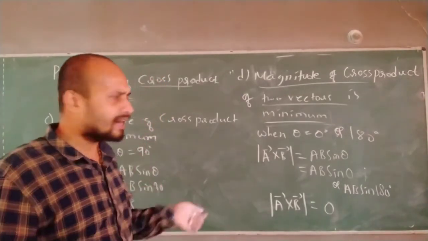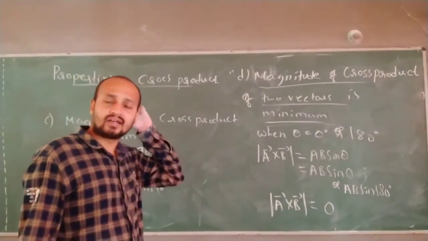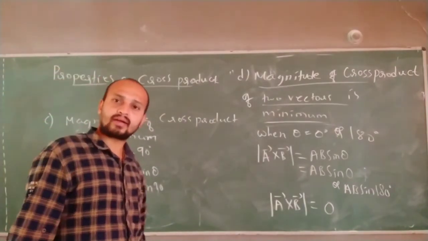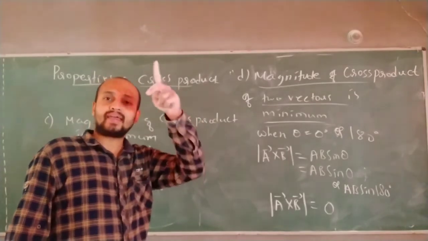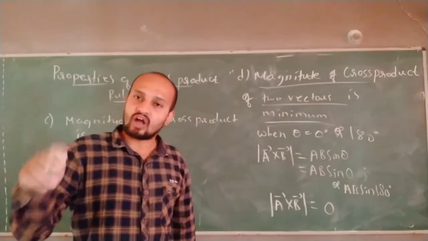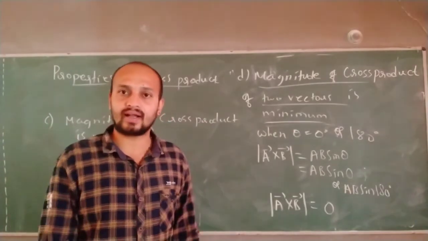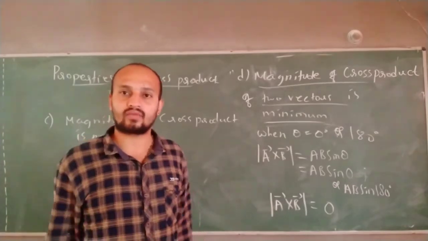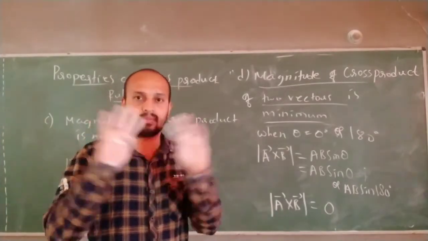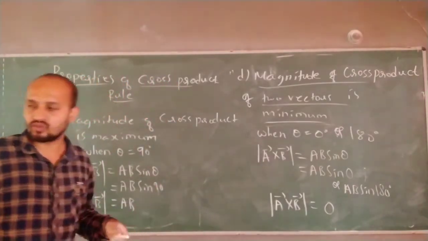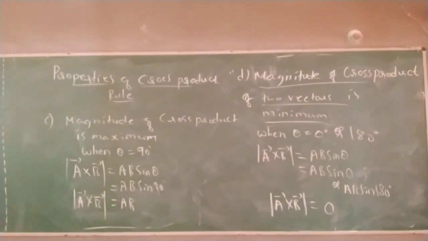So I already wrote what that is: the product of two perpendicular vectors is nothing but the cross product, and the product of two parallel vectors is nothing but the dot product. The dot product of two vectors will give you a scalar quantity. The cross product of two vectors will give you a vector quantity. If you remember these two things, everything is finished. You will find the logic. So this is one property.